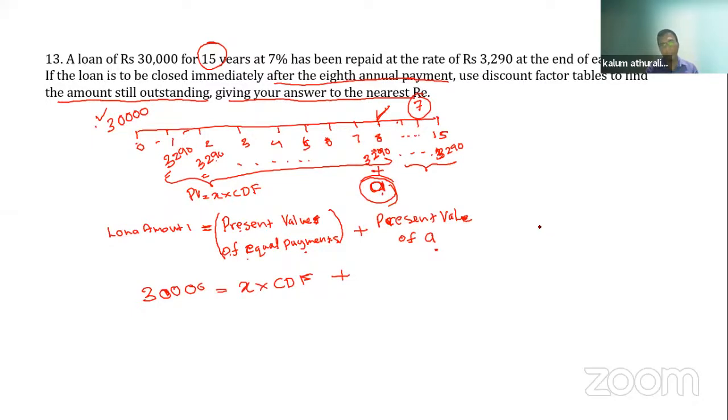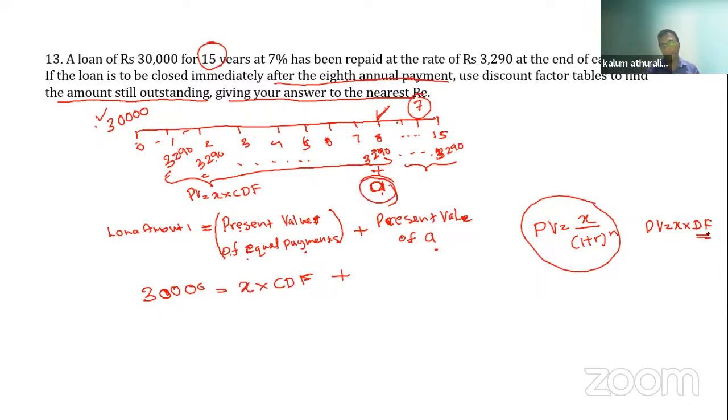You can take a formula like this: PV equals X over 1 plus R to the power N. Or PV equals X times DF, not CDF. DF means discount factor, not cumulative discount factor.